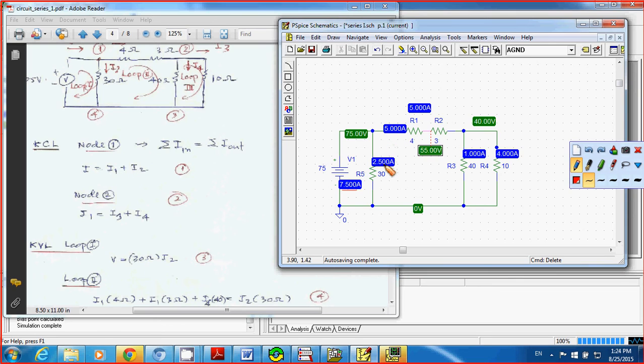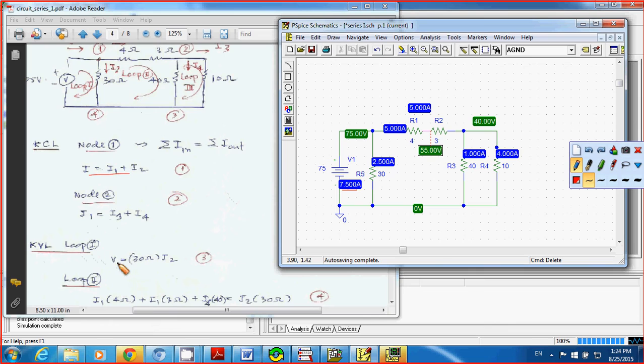So 5 plus 2.5 gives you 7.5. That's correct. Also at node number 2, you have I1 equal to I3 plus I4. I1 is 5 amps, I3 is 4 amps, and I4 is 1 amp. So you add them up and you have 5 equal to 5 amps.